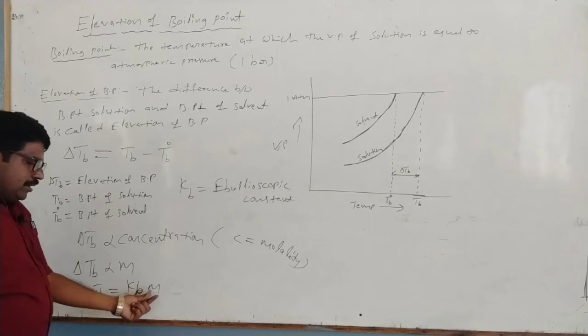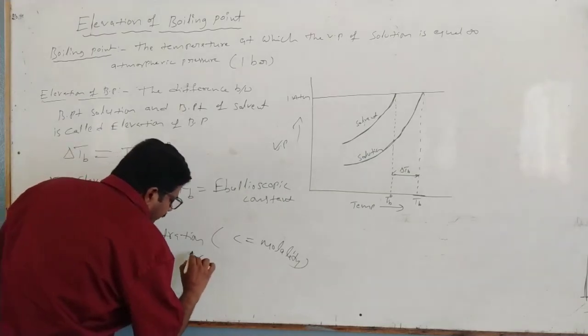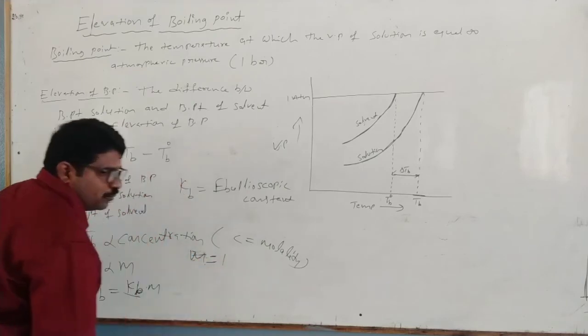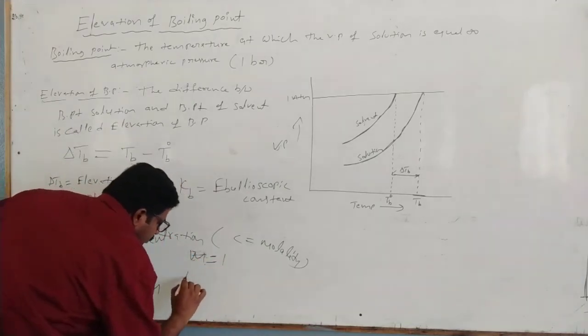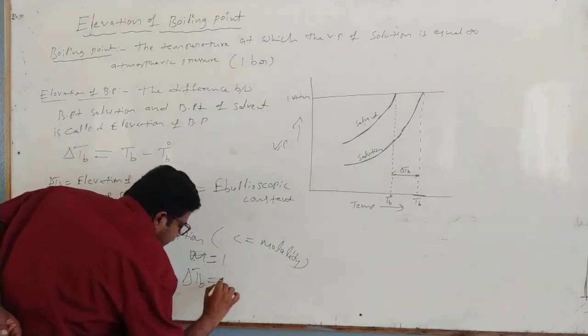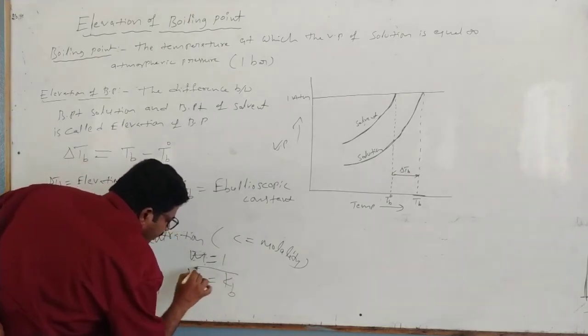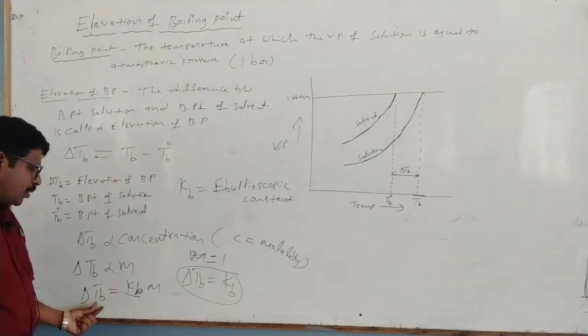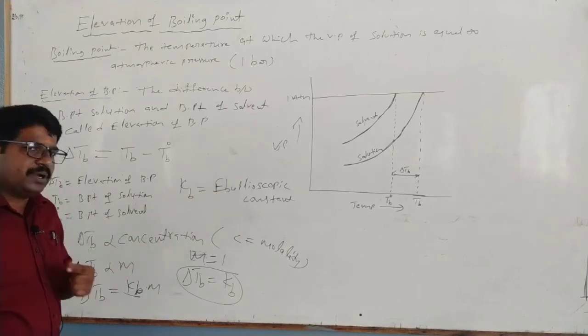If the molarity is equal to 1, then what happens? The elevation of boiling point delta Tb is equal to Kb. That means when molarity is 1, the elevation of boiling point is equal to the ebullioscopic constant.